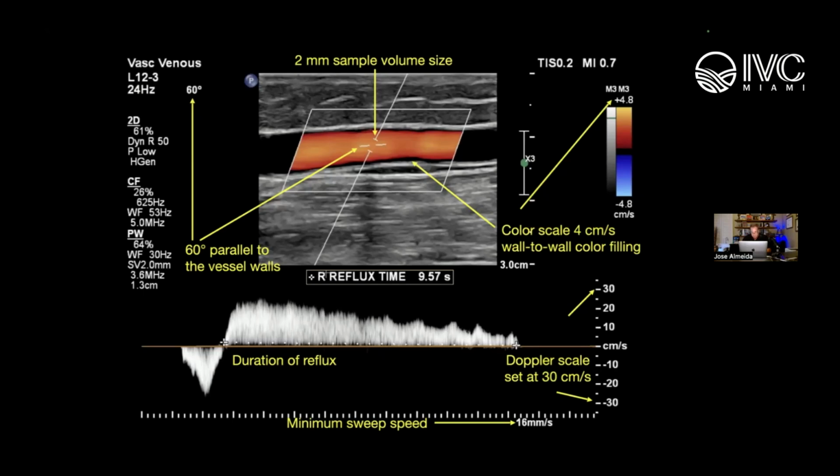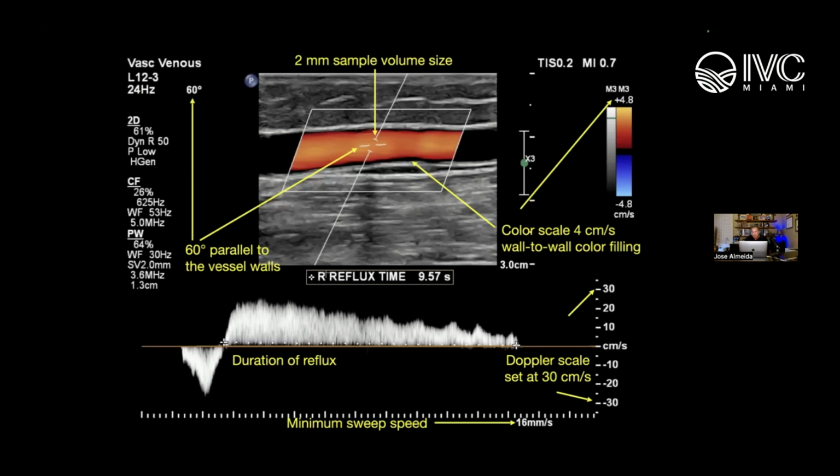Basics of the differences between grayscale, pulse wave Doppler, and color. Color and pulse wave Doppler really are the same thing, just represented differently. Even though color is giving you velocity based on the quality of the color at the upper or lower end of the bar.